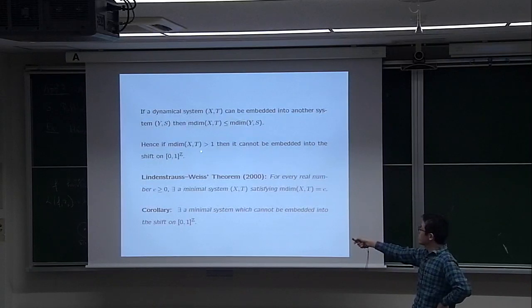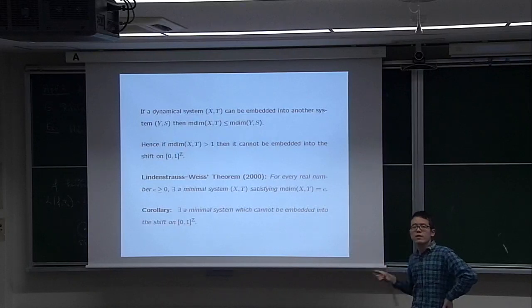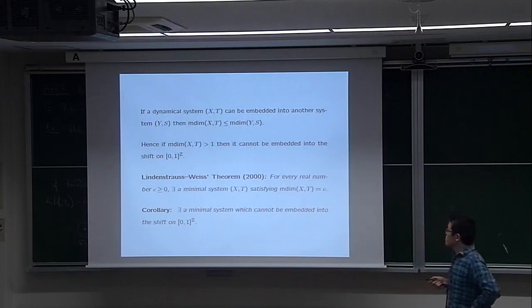But then, if the mean dimension is strictly greater than 1, then we cannot embed it into the shift on the Hilbert cube, because the shift on the Hilbert cube has mean dimension 1. Then, Lindenstrauss and Weiss proved the following.